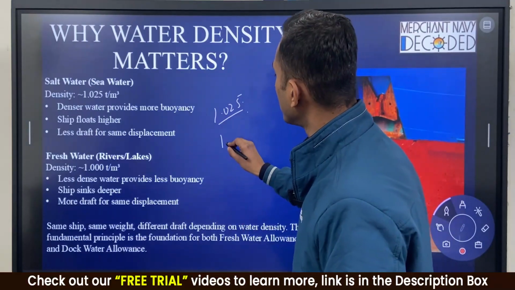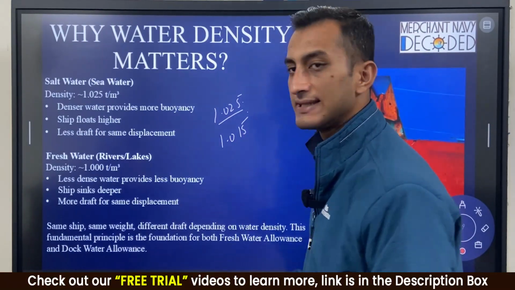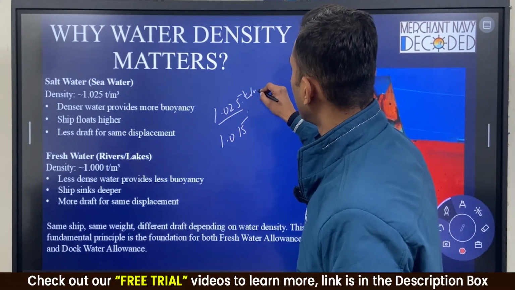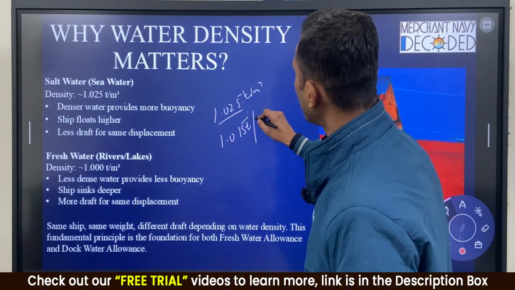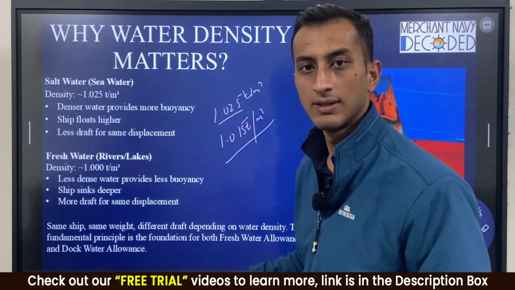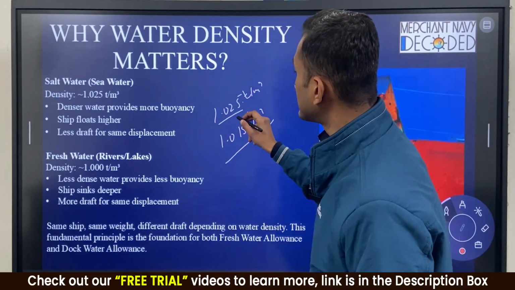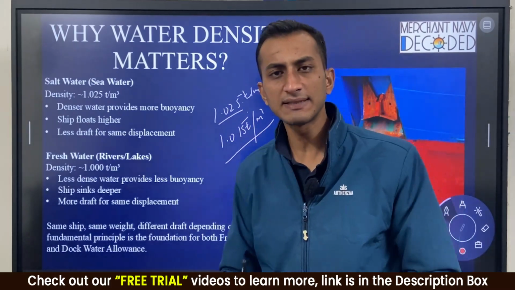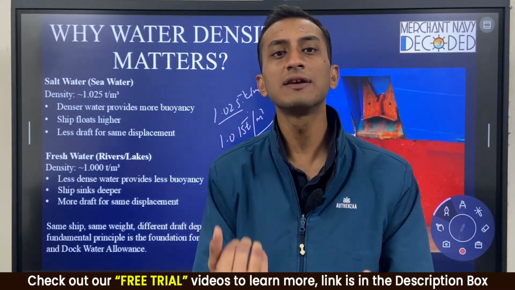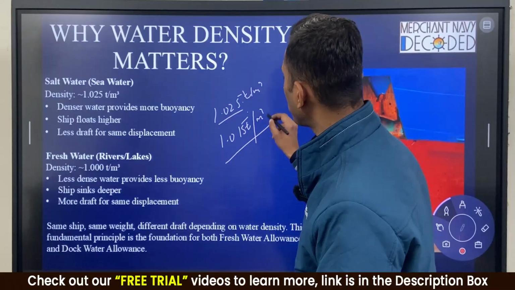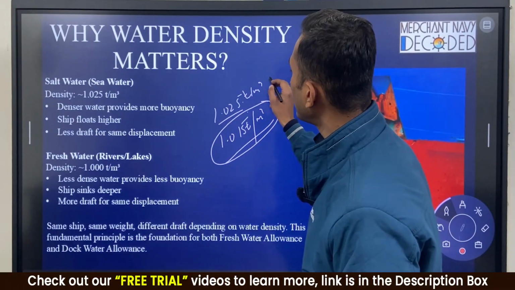but now it goes to 1.015 density, ton per meter cube. So now, since this has a lesser density, that means it will have fewer particles that will give more upward force. So the ship will sink deeper in this and not in this.